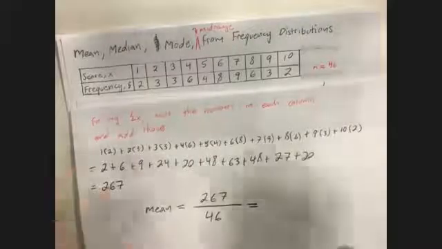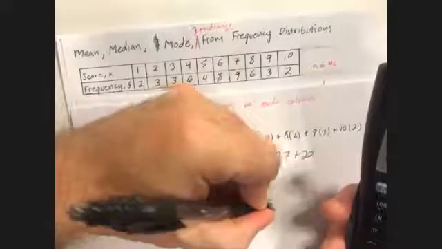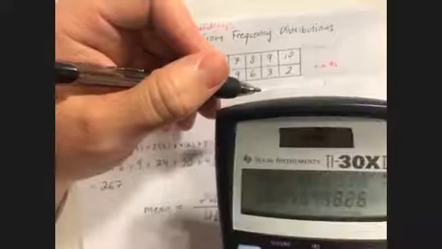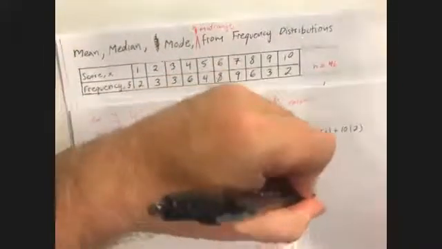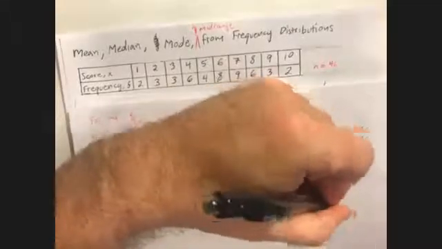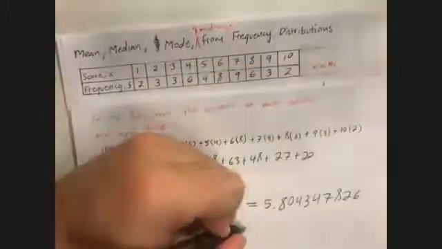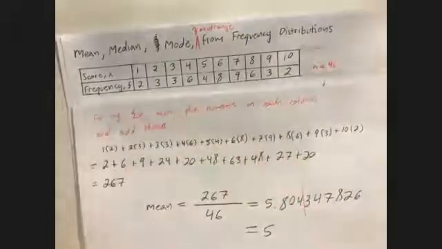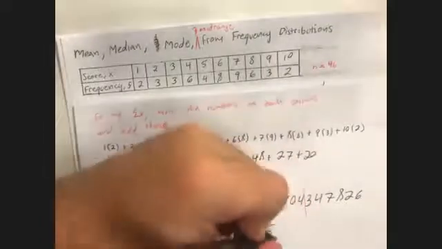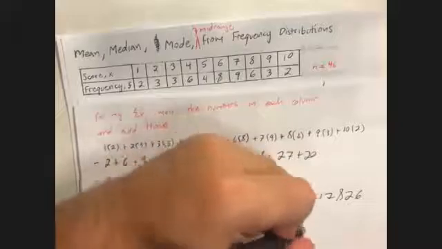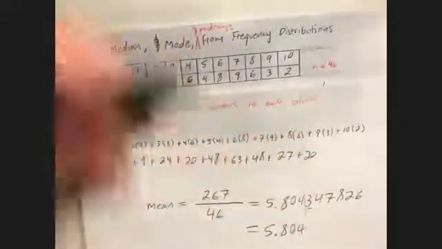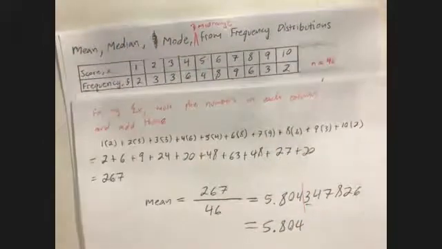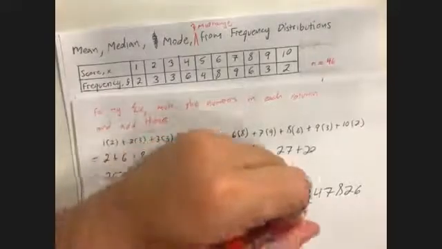So the number I got, 5.804347826, you can't see it, so I'm just going to write it out. I'm going to round it to 3 decimal places, so I'm stopping after the 4. Then I look at that 3. That 3 is smaller than 5, so my final answer is this.